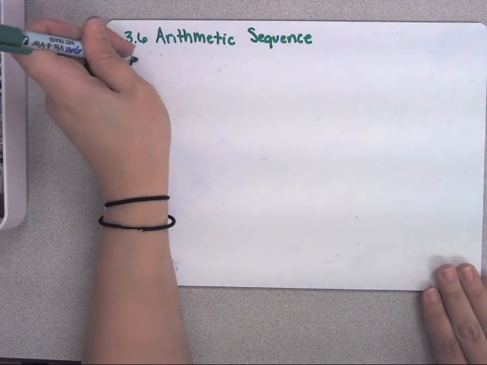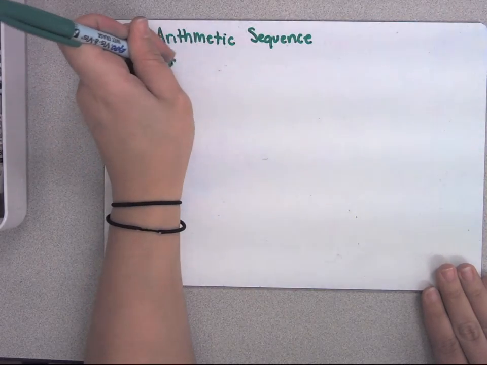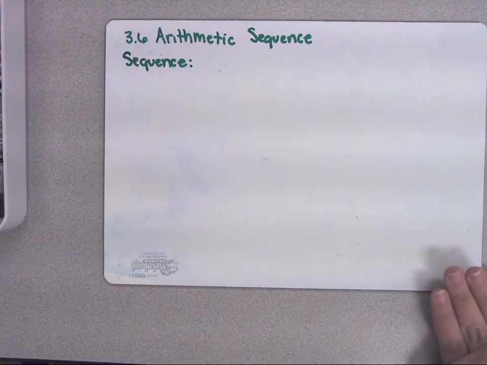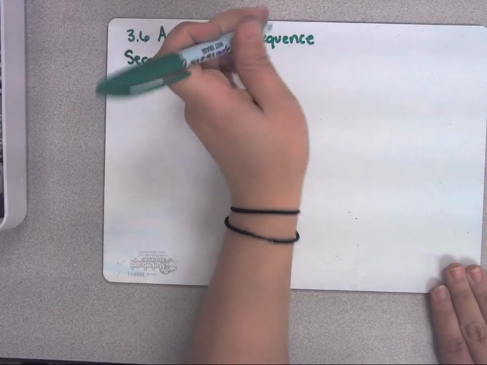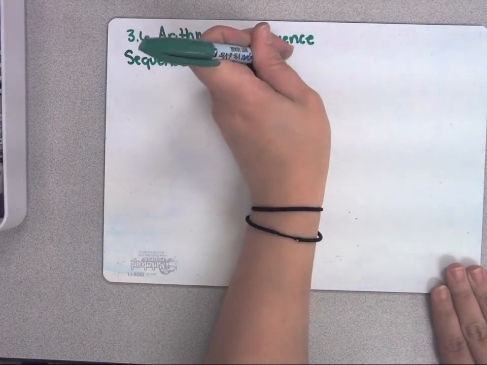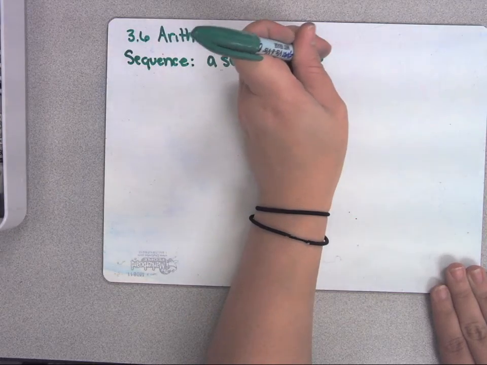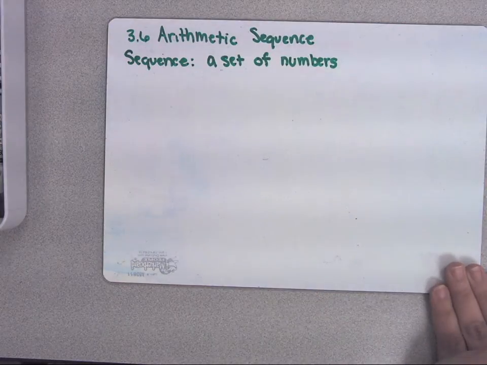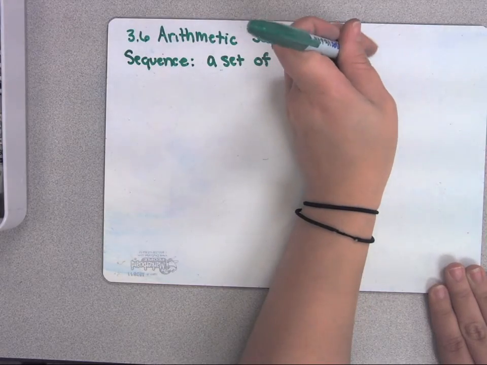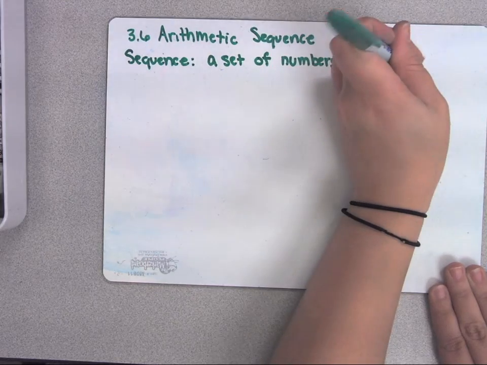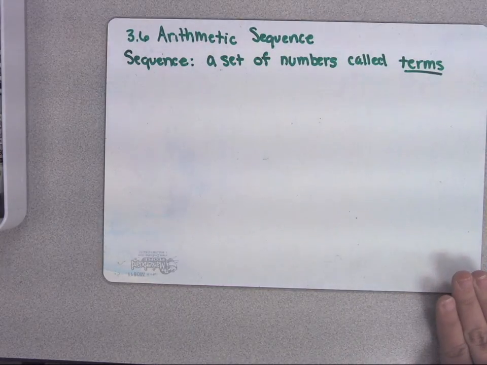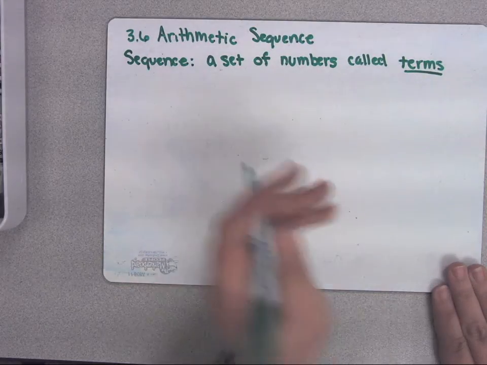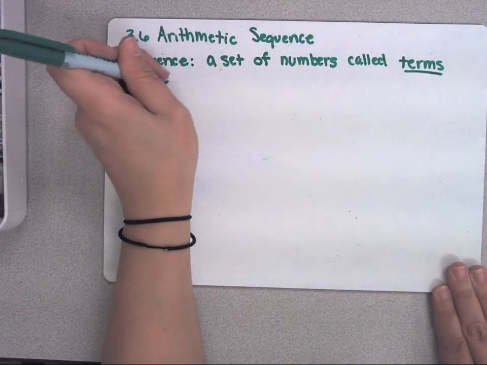Oh, a sequence. Let's talk about what a sequence is. It is a set of numbers called terms, in a specific order. Underline the word terms.